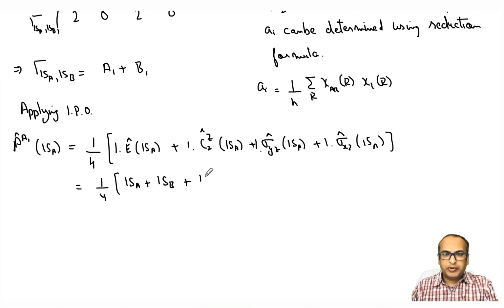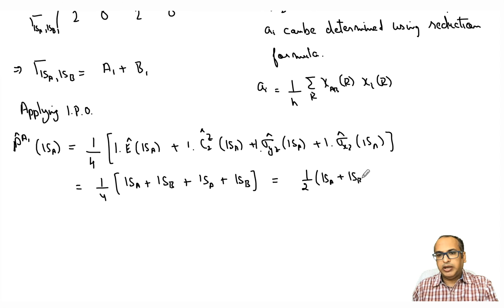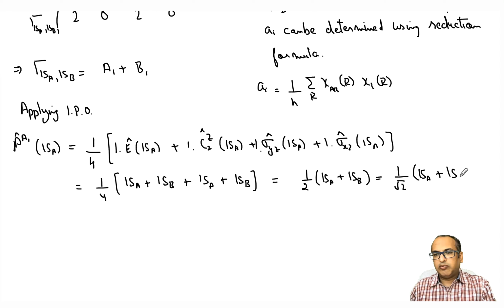Now this can be written as 1 by 2 (1SA plus 1SB), right? And upon normalization we can say that this is 1 by root 2 (1SA plus 1SB). This is after normalization.